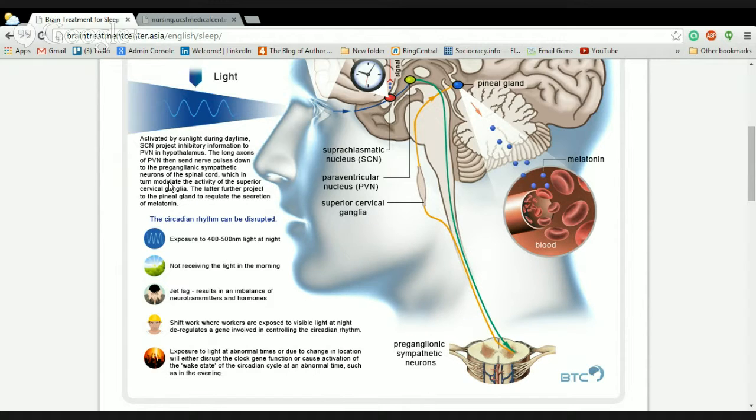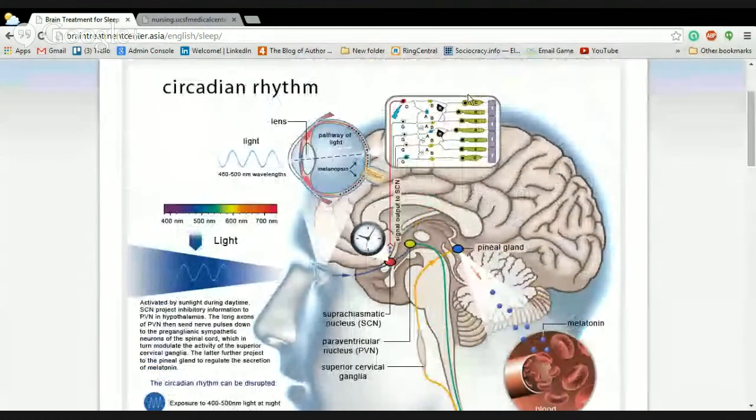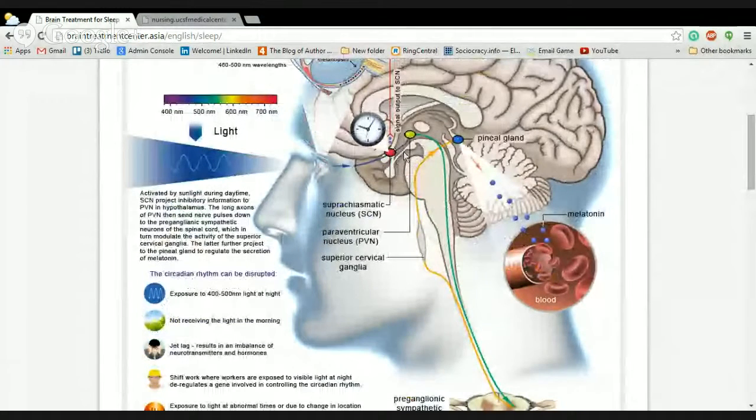So, okay. So what we have is the light coming in. It's hitting the SCN, which kind of looks like that, which sends an inhibitory, stop information or notice to the PVN, which is the paraventricular nucleus.